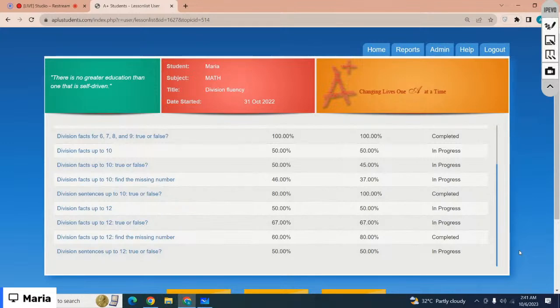So please make sure before the next session you complete all the practice questions for the lessons we did today. That is your homework, right?